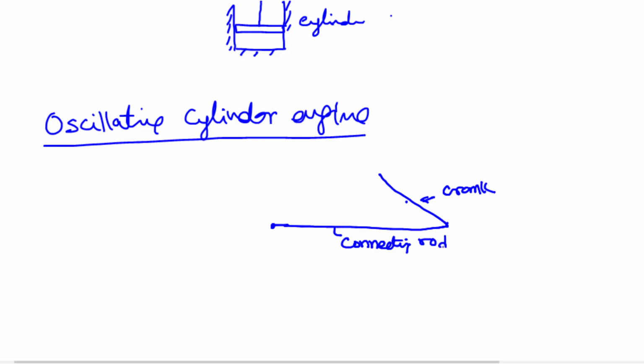Connecting rod to link 2. Link 3 and piston rod, and this is cylinder which is hinged.